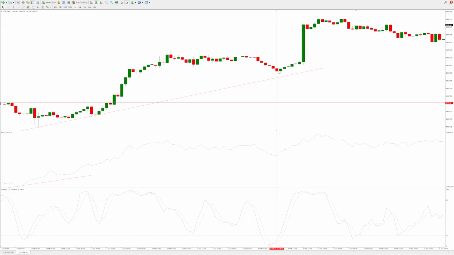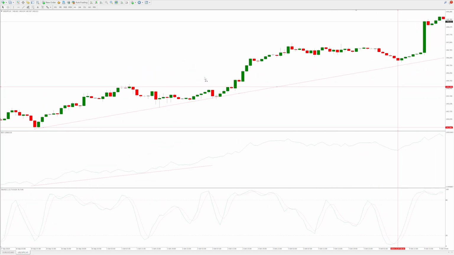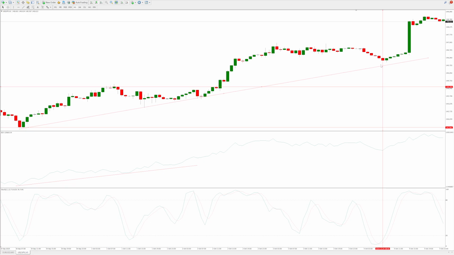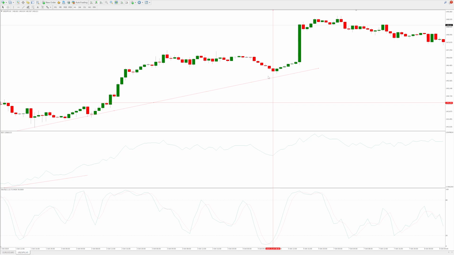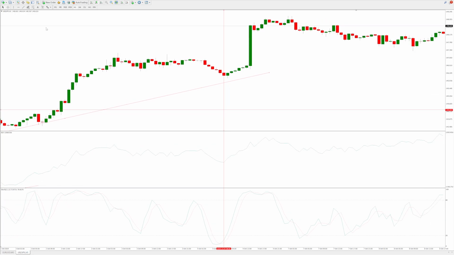Price pulls back nicely to the trend line, which is probably better, it's better to buy closer to the trend line rather than when price is already out here somewhere. So just wait for the pullback and have a nice continuation. Not to mention a good breakout again of resistance there.